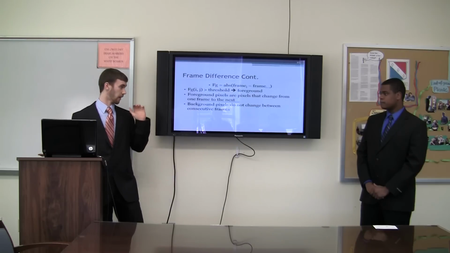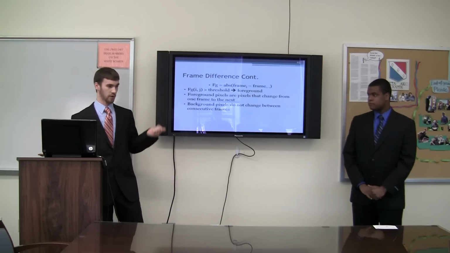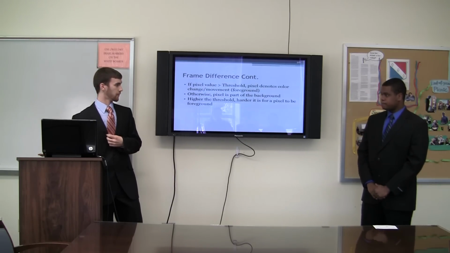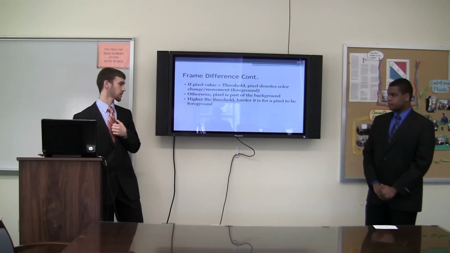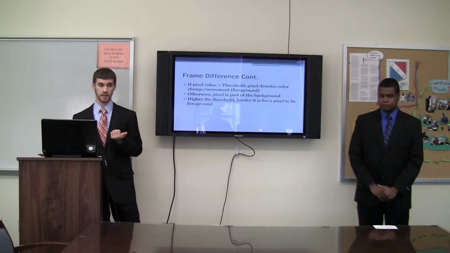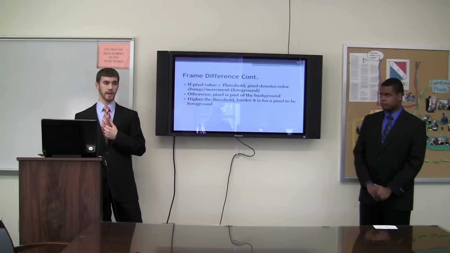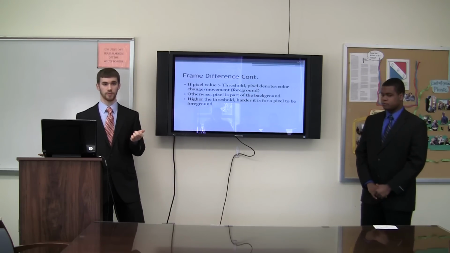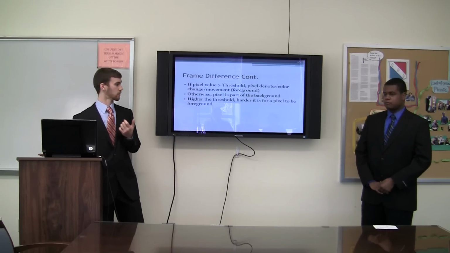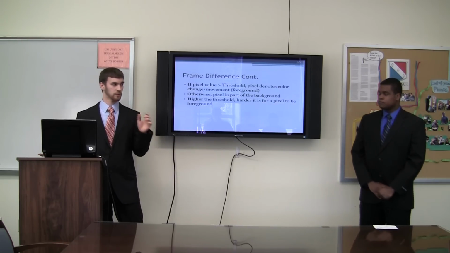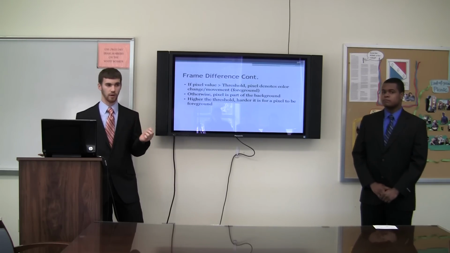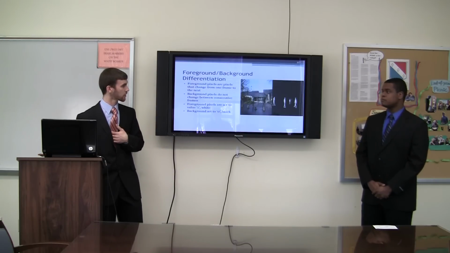They have a value larger than the threshold. The higher the threshold is, the harder it is for a pixel to be a foreground pixel, so we had to experiment with the threshold value to get the right amount. Too high, and we wouldn't see any foreground. Too low, and we would get too much.